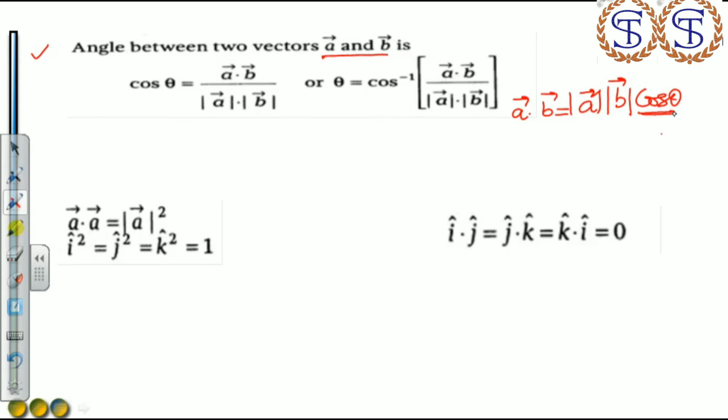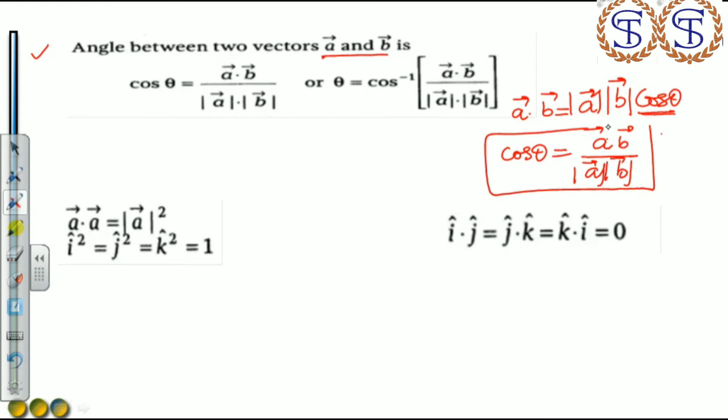It's very simple. We can find cos theta by using A dot B upon modulus of A and modulus of B. Yes, this is the formula by which we can find the angle between the two given vectors.